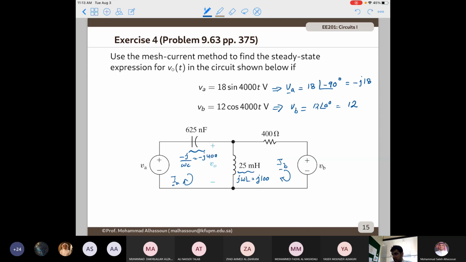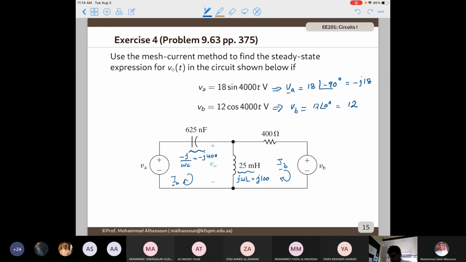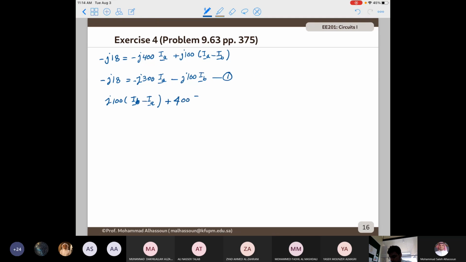So we're getting negative 12 and J100, then I have 400 resistors, so it's going to be 400 IB plus 12 equals to 0.